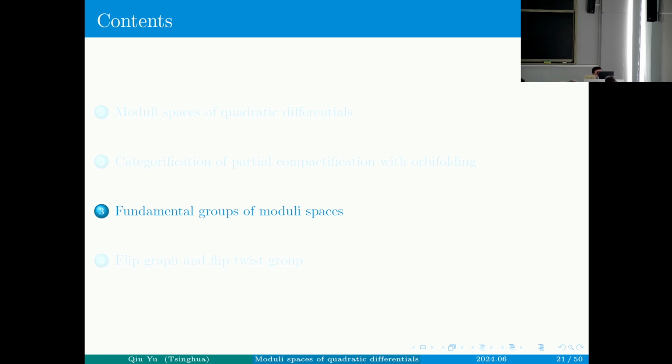Understanding the topology of moduli spaces is important from the dynamical systems or geometric topology point of view, but calculating pi 1 or even higher homotopy groups is much harder. So this is our attempt.